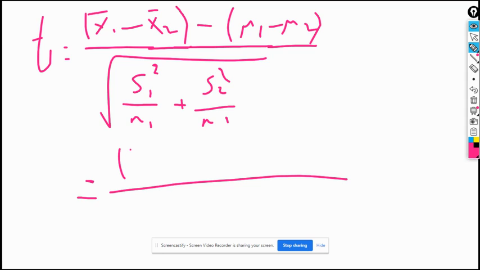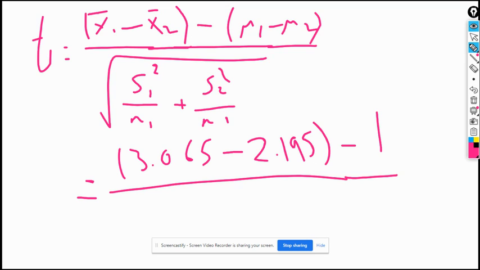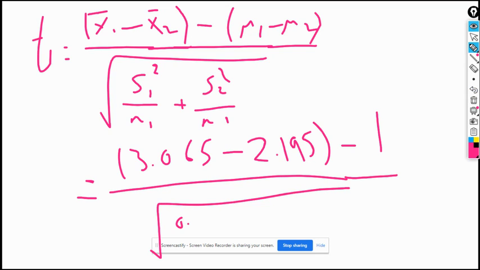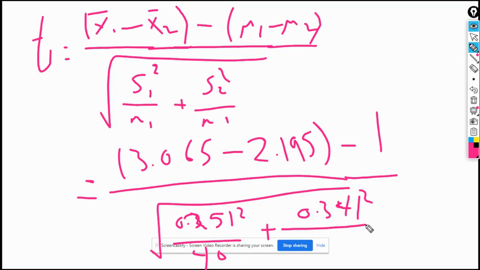The average for the men was 3.065 minus 2.195, and the accepted one is 1, over the square root of the standard deviation for the men 0.251 squared over 40 plus 0.341 squared over 50. So the t comes out negative 2.081.